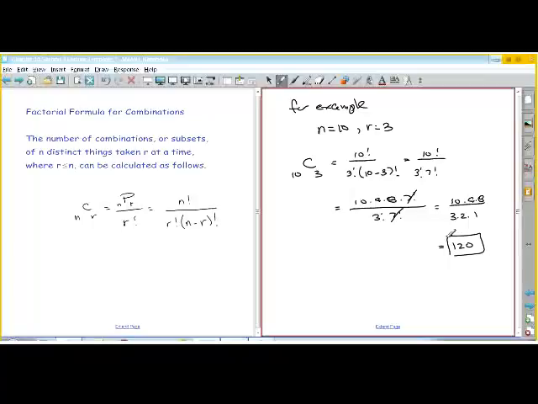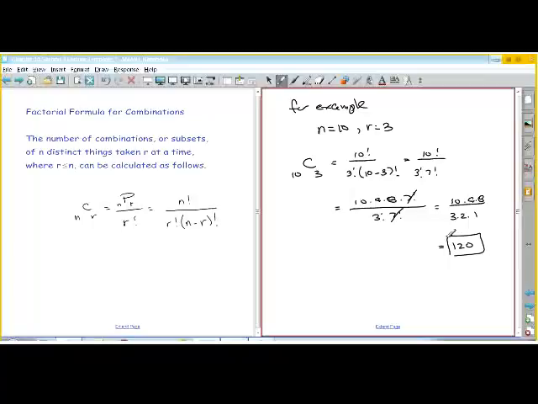One mistake people make is they do this and then they forget that there's a factorial sign here. So don't forget that you're not dividing by 3. You've got to include all the terms in the factorial. I'll keep reminding you of this because I've found from teaching it a couple of years that's where people make the biggest mistake, is they forget that the factorial sign is still there.